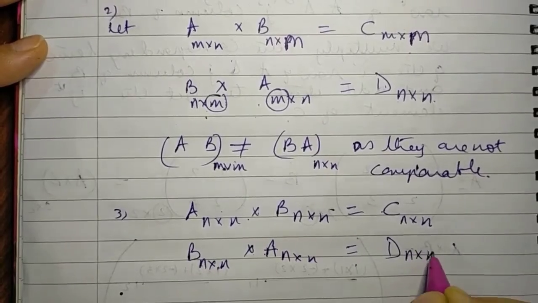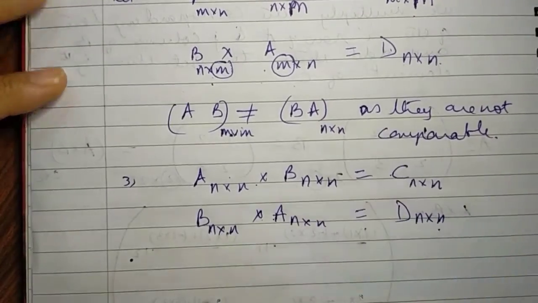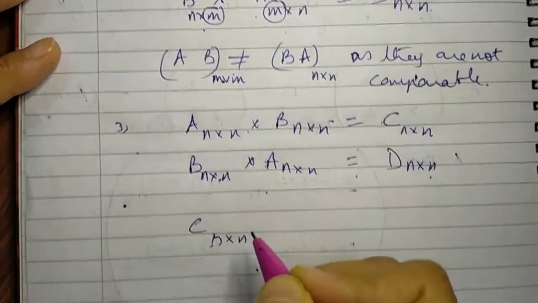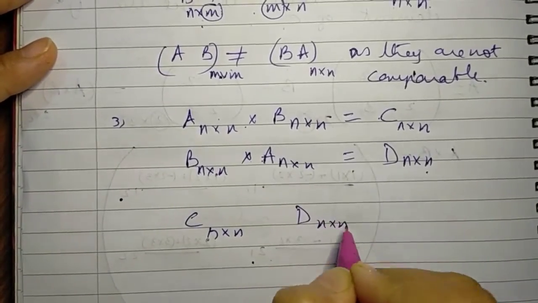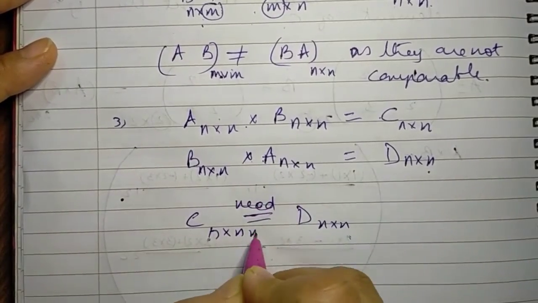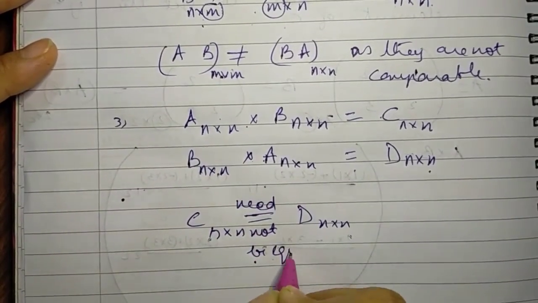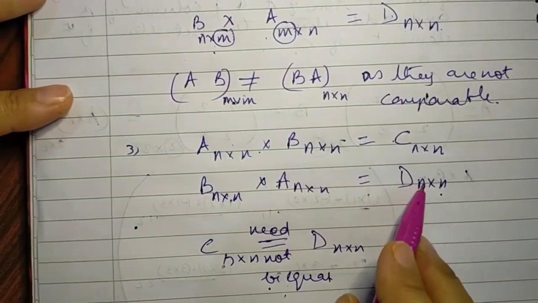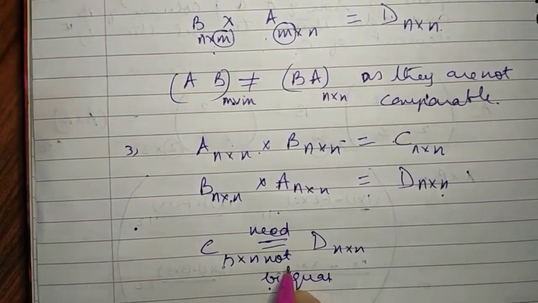Many times we get back an n by n matrix where C is n by n, D is also n by n, and these need not be equal. So even if they are comparable, it is not necessary that they will be equal.